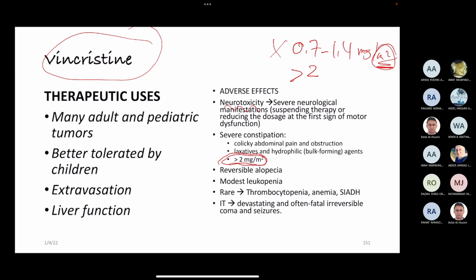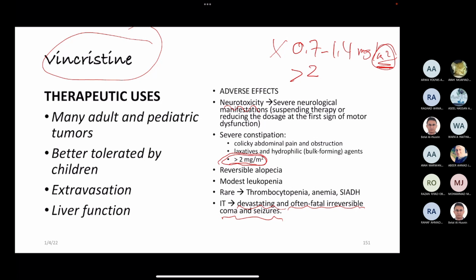This is a common mistake in oncology, giving vincristine intrathecally together with methotrexate. Vincristine is fatal if given intrathecally because it is devastating and often fatal, with irreversible coma and seizures. So you should label it: do not give intrathecally. Okay?